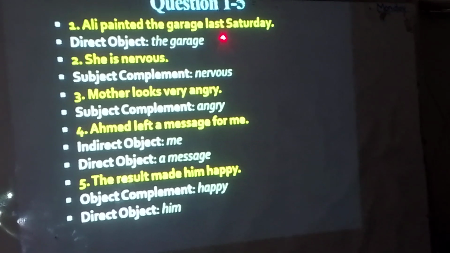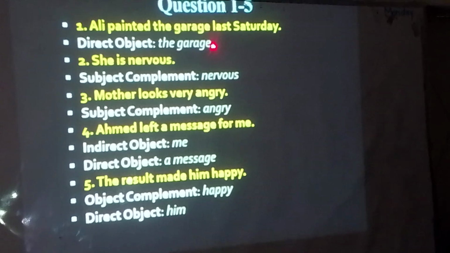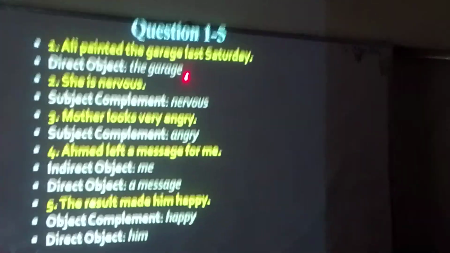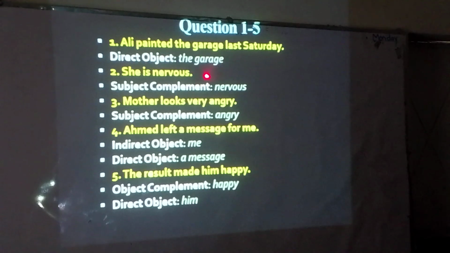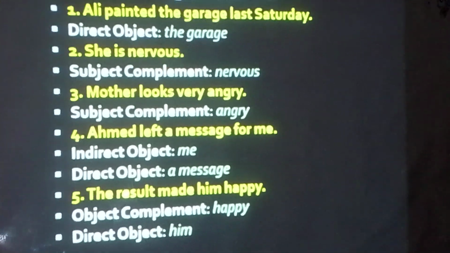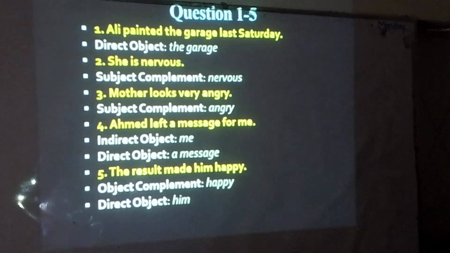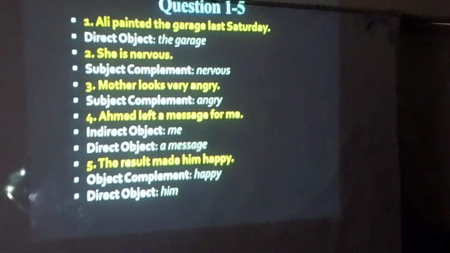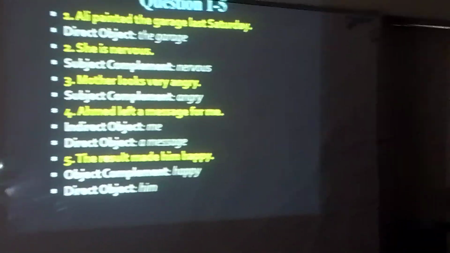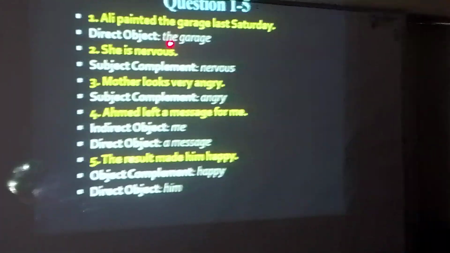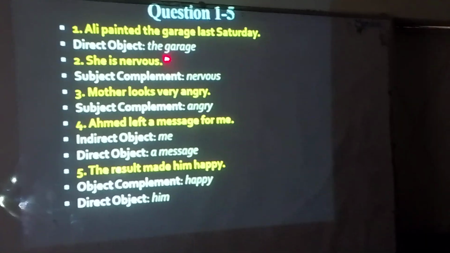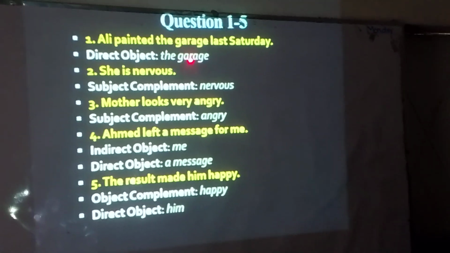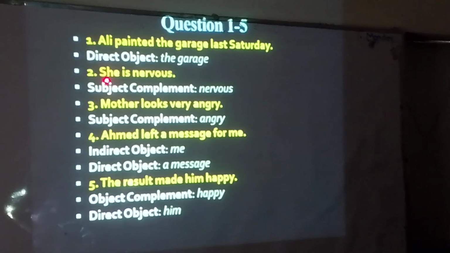When action of verb directly affects some object or someone, it is called direct object. When action of verb indirectly affects something or someone, it is called indirect object. So action of painting is directly affecting the garage. That's the reason the garage is direct object.